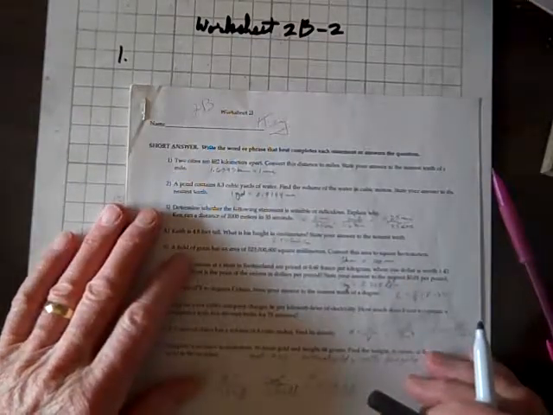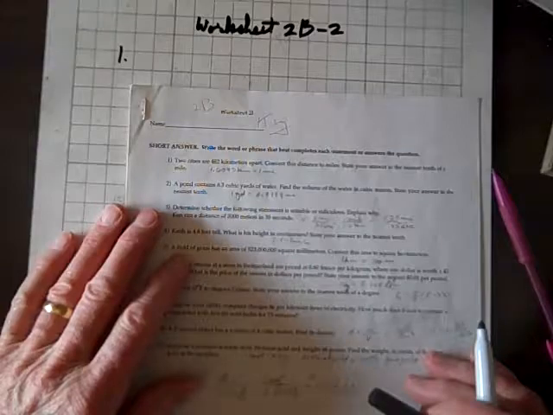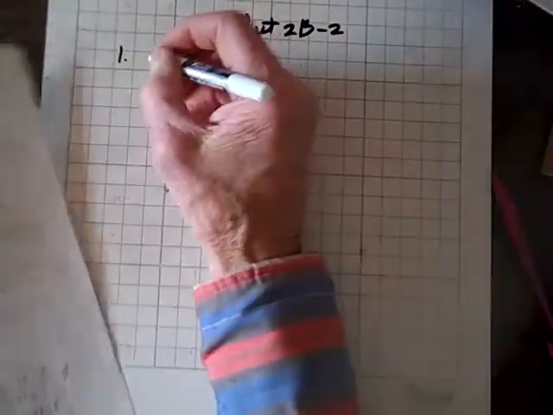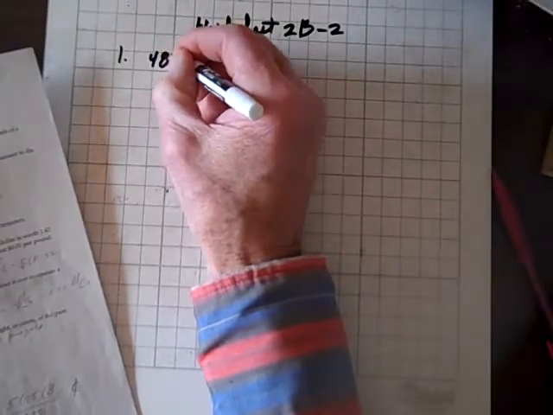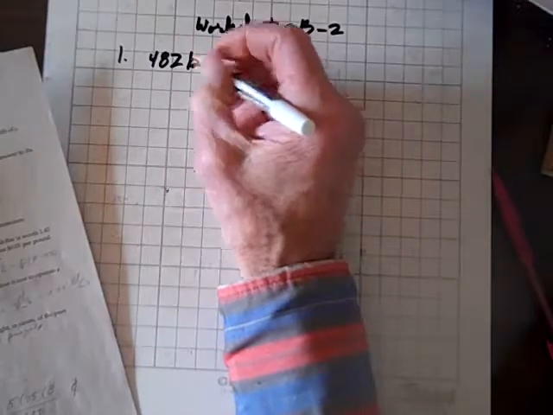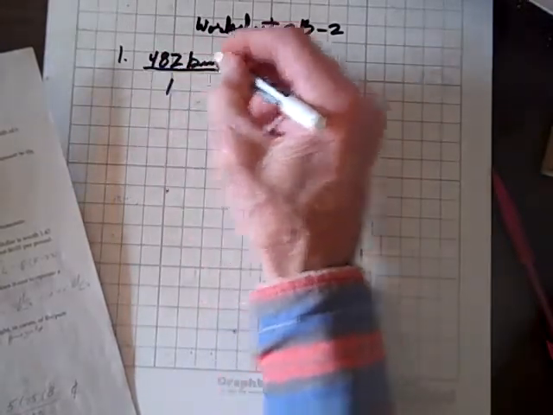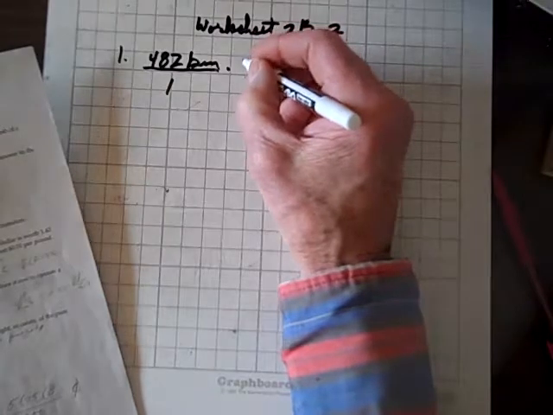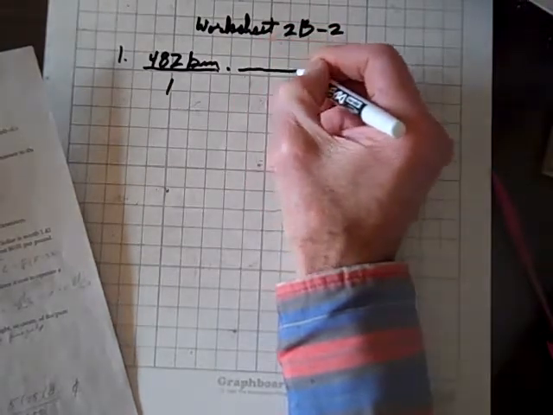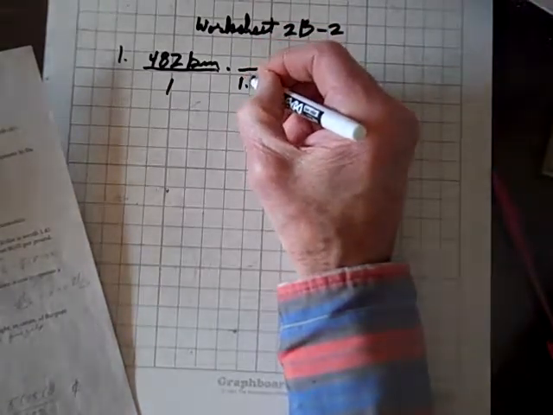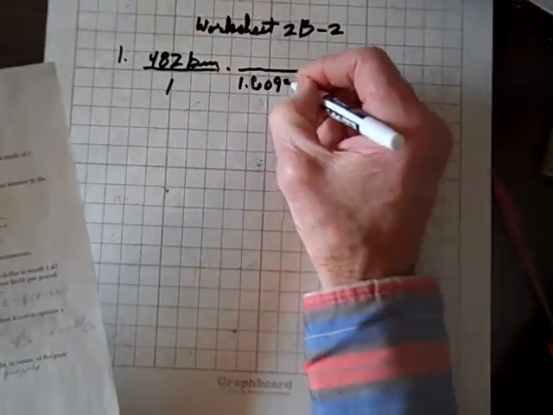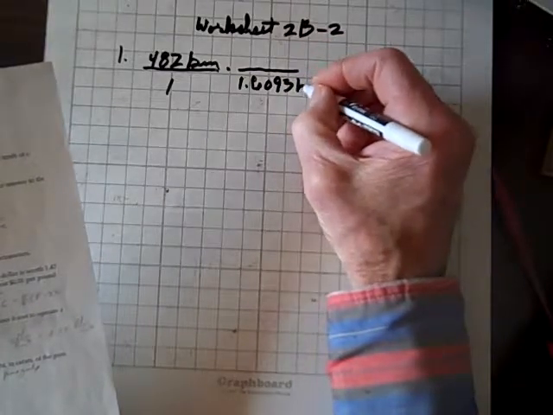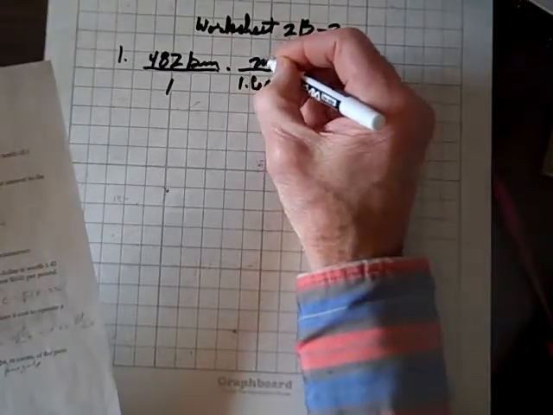2 cities are 482 kilometers apart. Convert this distance to miles. And so we know that, let's see, 482 kilometers, and we have to use dimensional analysis. We'll put that over 1, and we know this is 1.6093 kilometers per mile.